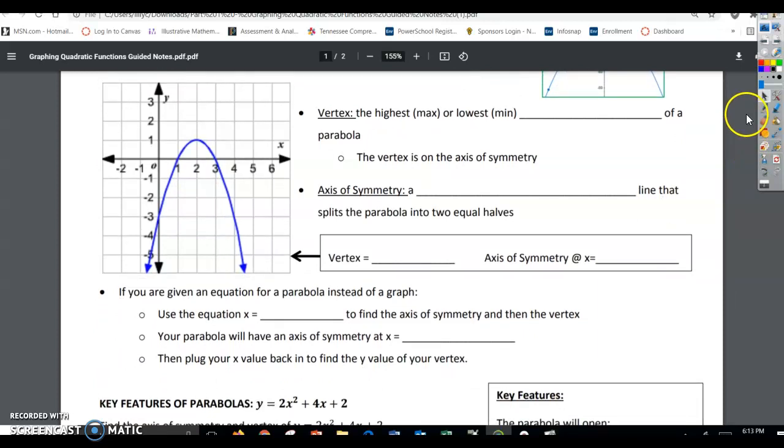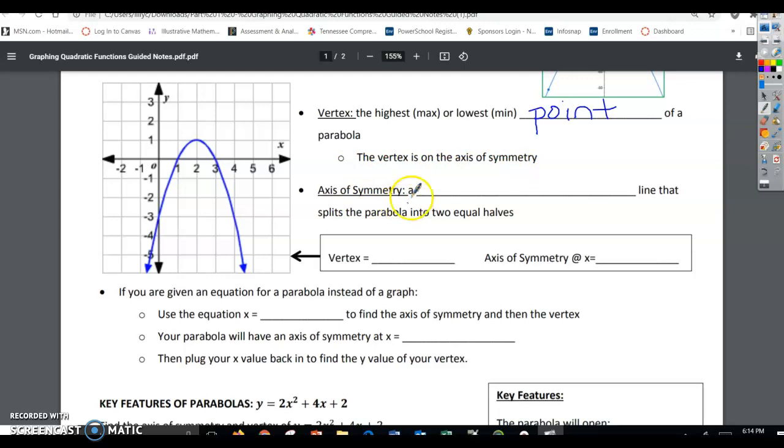All right, so the next part says, your vertex is the highest point, the maximum, or lowest point, the minimum, of a parabola. And the vertex is on the axis of symmetry.